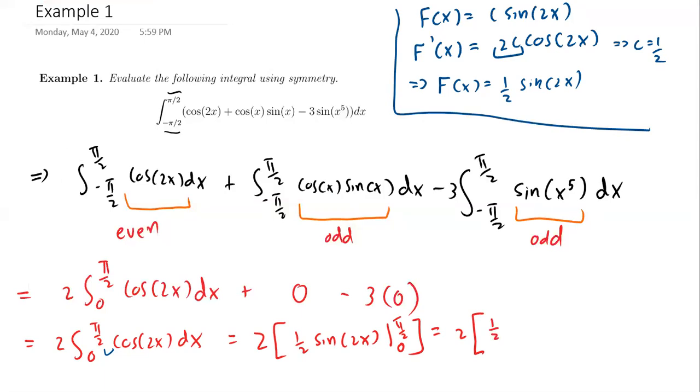So what do we get? We get 1/2 sine of 2 times pi over 2 minus 1/2 sine of 2 times 0. So let's go to another slide. So we had 2 times 1/2 sine of 2 times pi over 2 minus 1/2 sine of 2 times 0.